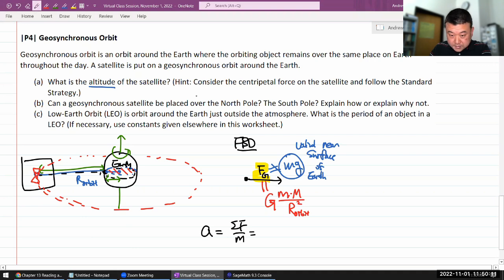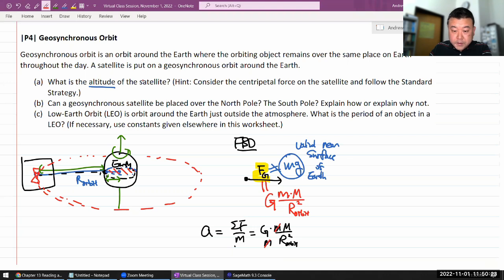So my net force is G times big M times small m over r orbit squared, divided by small m. Those will cancel out. Because this is circular motion, we know the acceleration in terms of kinematic quantities: v squared over r orbit. It's the same r as this.